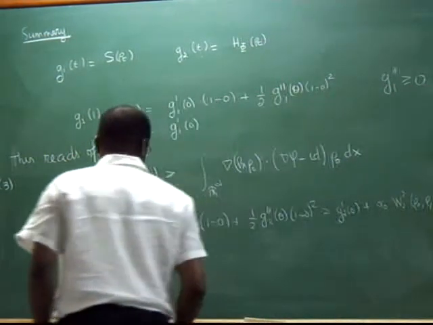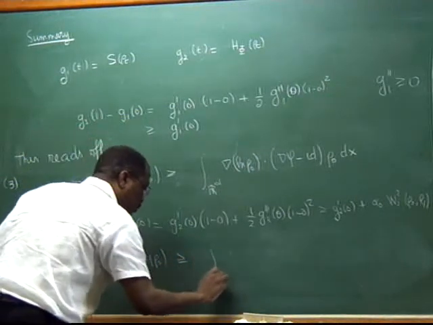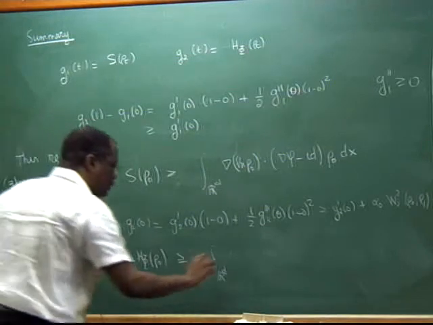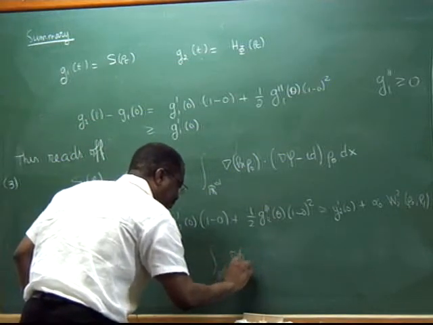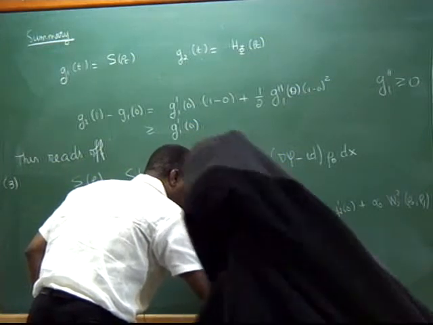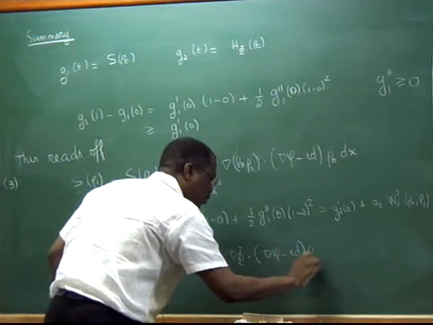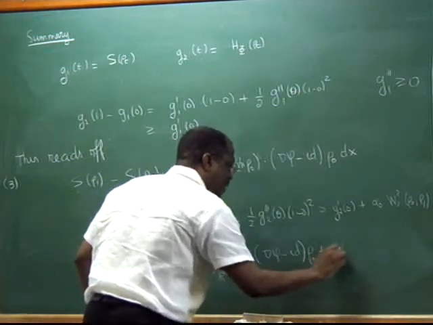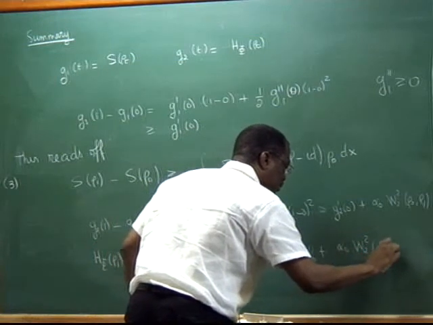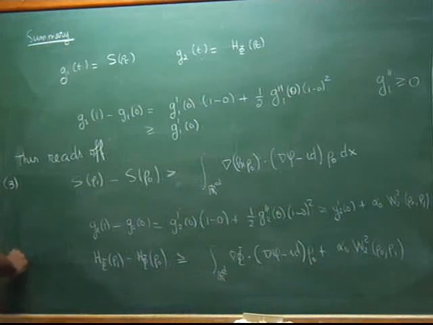And so what I read here is this is greater than or equal to the integral over Rd of the inner product of gradient phi and gradient phi minus identity, rho naught, plus alpha naught times the Wasserstein distance squared between rho naught and rho 1. Call that 4.